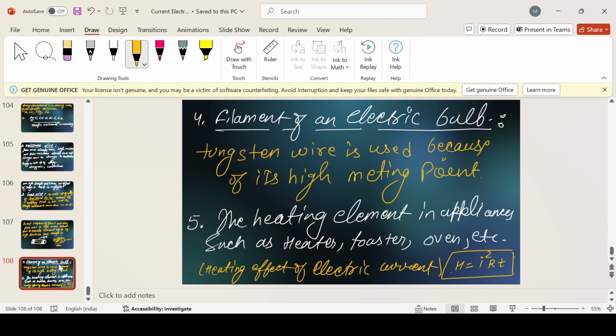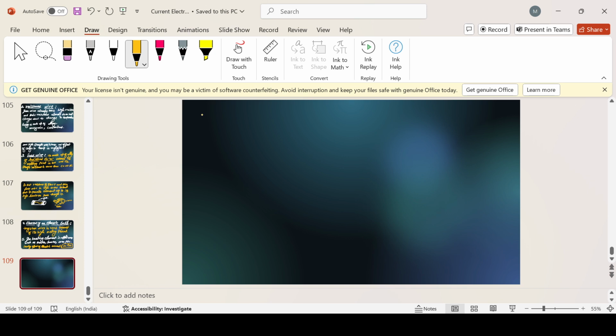So it has a specialized wire, that is nichrome wire. You must have heard of it. Nichrome wire is used. Why is nichrome wire used?